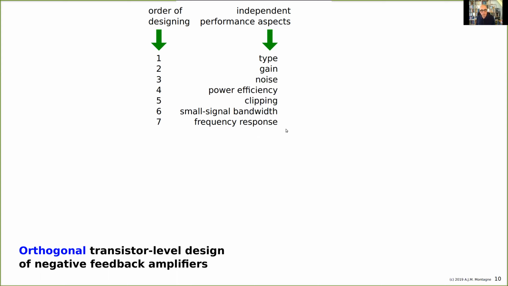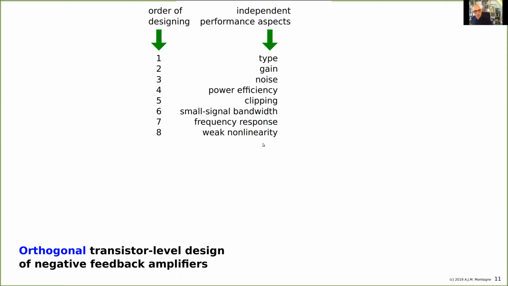Then the frequency response. The small signal bandwidth is only the bandwidth. It's like it should be so and so many megahertz. Frequency response is like, is there peaking allowed? What kind of filter is it? Is it a constant group delay filter, or is it a Butterworth maximally flat magnitude filter, or another type of filter? Then the weak nonlinearity.